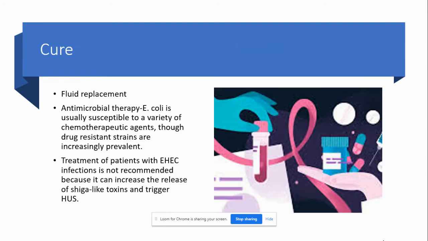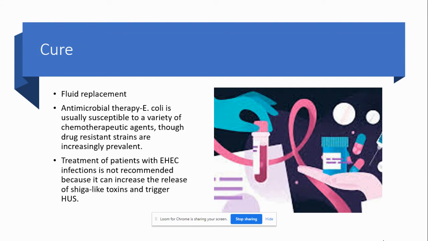So the cure for E. coli infections. For most of the E. coli infections, fluid replacement would be the best option. Usually mild conditions would be resolved or cured. But for some more severe conditions, antimicrobial therapy might be applied.